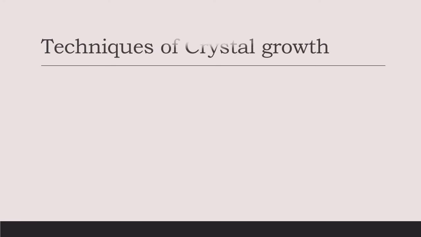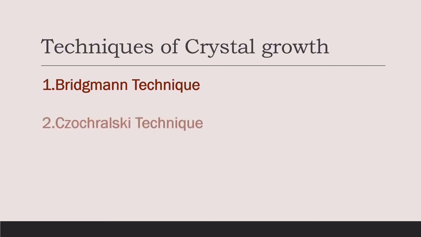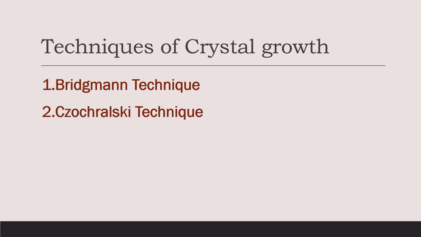Next, what is the technique of crystal growth? I told you that polycrystalline silicon is available. One has to grow the crystal with these two technique processes: first is the Bridgman technique, and the second one is the CZ grown technique.